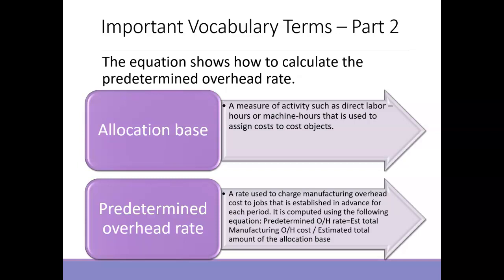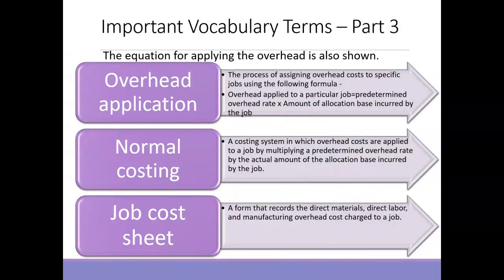We come up with this predetermined overhead rate by estimates. Estimated total manufacturing overhead costs divided by our estimated total amount of the allocation base, what we estimate the total direct labor hours or the total machine hours to be. Because our costs don't come in until after the fact, we've got to come up with a way in which we assign these costs to these products.